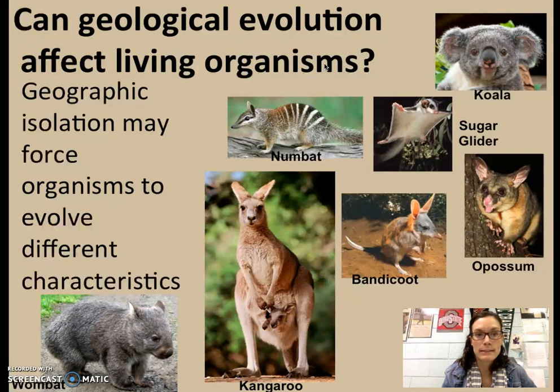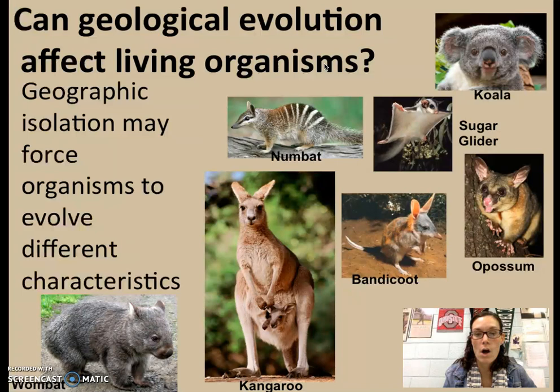All right, and then the last little part: can geological evolution affect living organisms? If we have geographic isolation, our animals in isolation might look a little different. What do you notice about all of these animals? What island would they be located on? You're right, Australia.